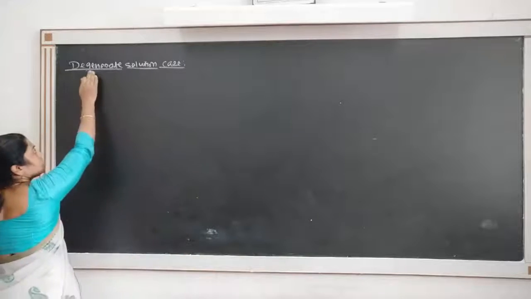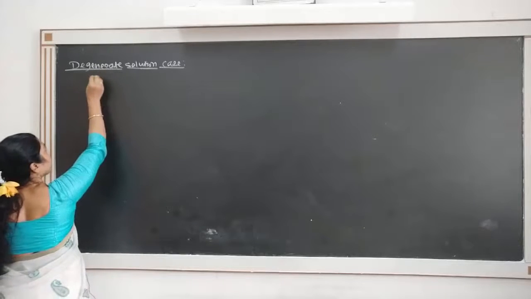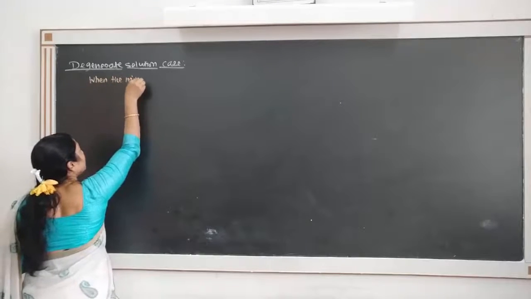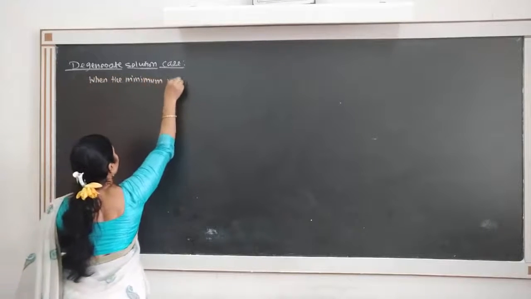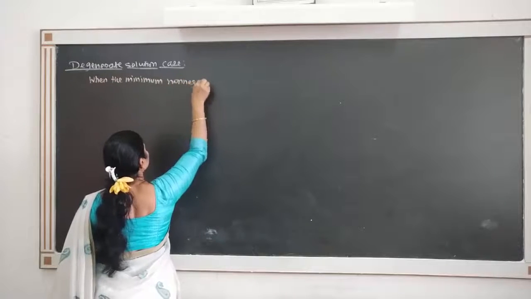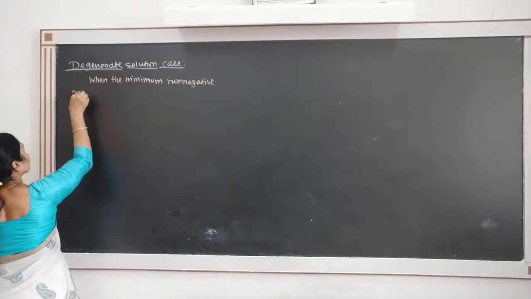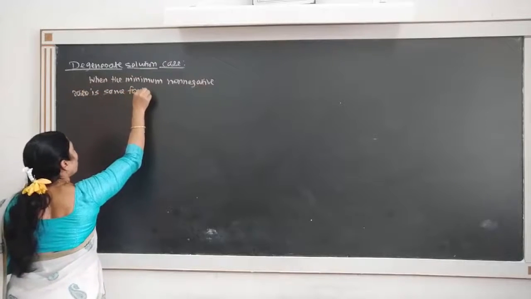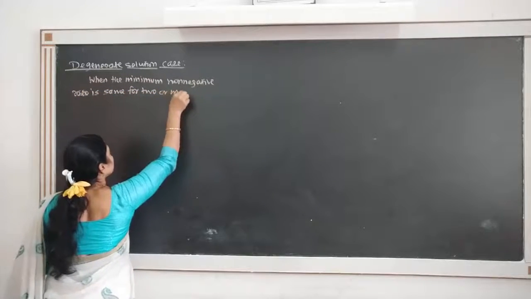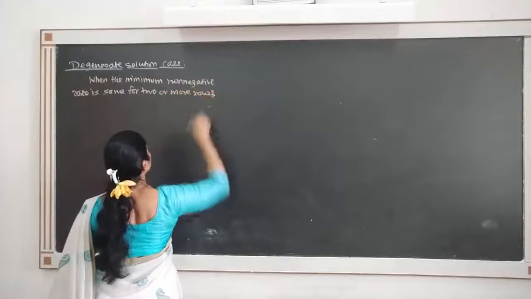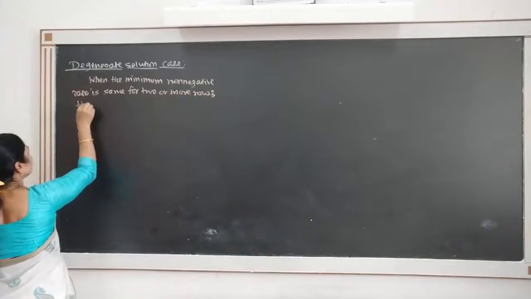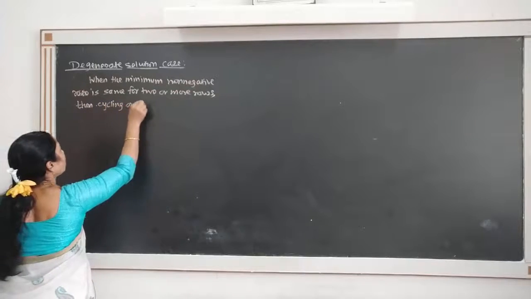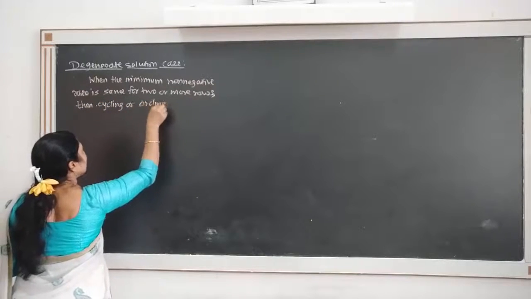So what is this degenerate solution case? When the minimum non-negative ratio is the same for two or more rows, then cycling or circling occurs.